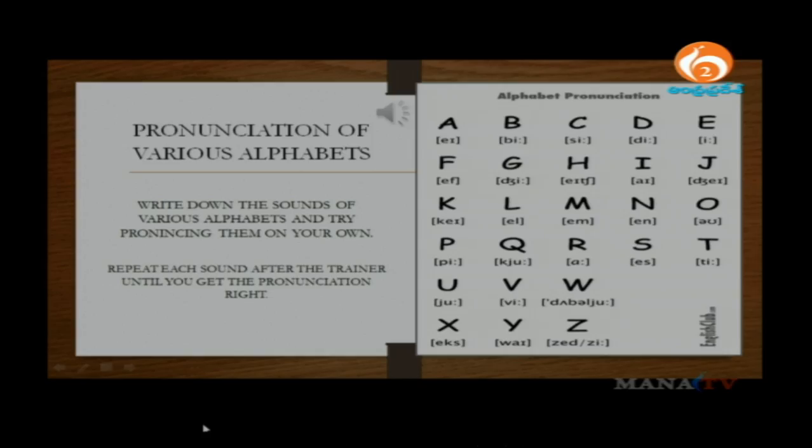I'll display them once again for you. If you can see here, we have A, B, C, D, E, F, G, H, I, J, K, L, M, N, O, P, Q, R, S, T, U, V, W, X, Y, Z. So these are the sounds of English, and never ever forget that.